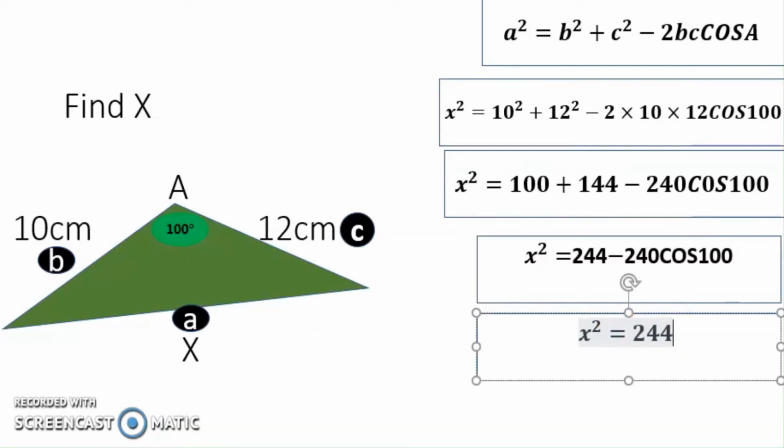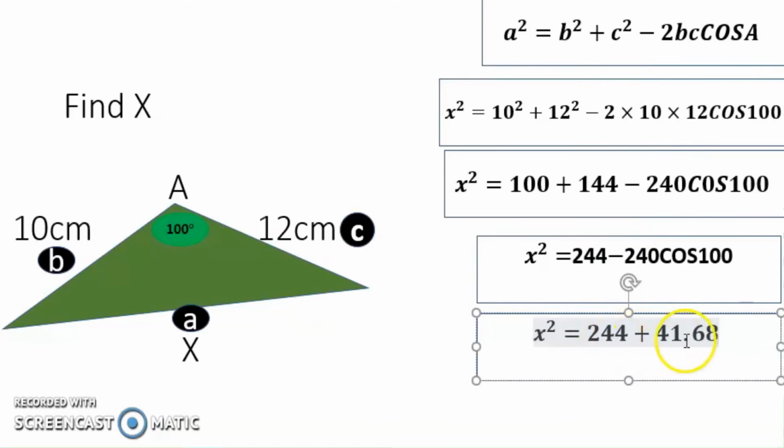If you simplify minus 240 cos 100, you are going to get plus 41.68.